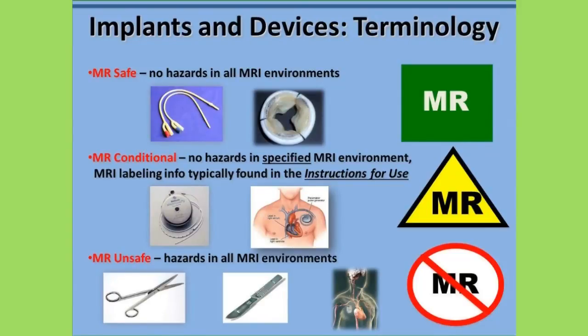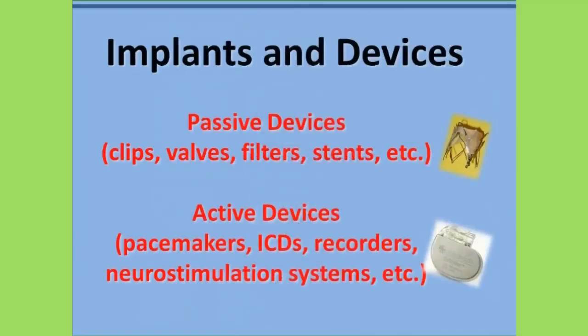The term MR conditional is used to describe an implant or device that has been demonstrated to pose no known hazards in a specified MRI environment with specific conditions of use indicated. The term MR unsafe means that the item is unsafe under all MRI operating conditions. Examples of unsafe devices would be a pair of scissors or a scalpel made from magnetic materials, or a neurostimulation system for which testing demonstrated that it would be unsafe for a patient to undergo an MRI exam.